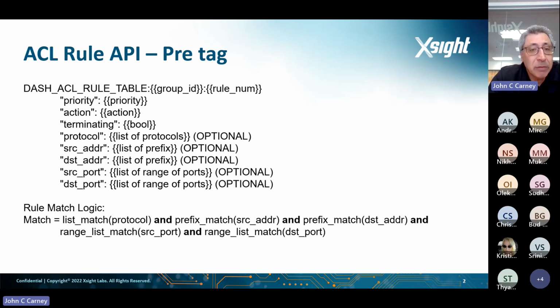So there's an AND kind of logic where each field of the 5-tuple has to have a match within the lists of acceptable values or prefixes for those fields. I think everyone understands this match logic for the ACL rule before tags were introduced. If there's any question on this, we can talk about that. Otherwise, I'll go to the next slide.